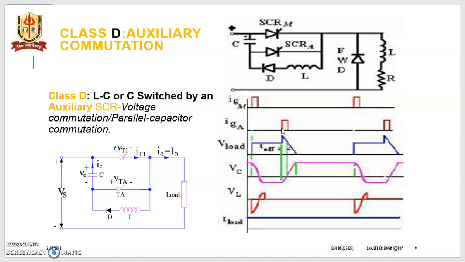So this is the gating signal applied to the second thyristor, and the capacitor will in a way act as a short circuit and it will turn off the first thyristor.